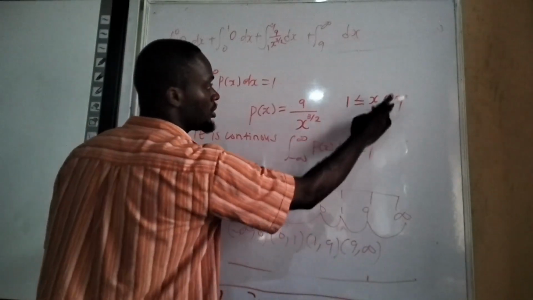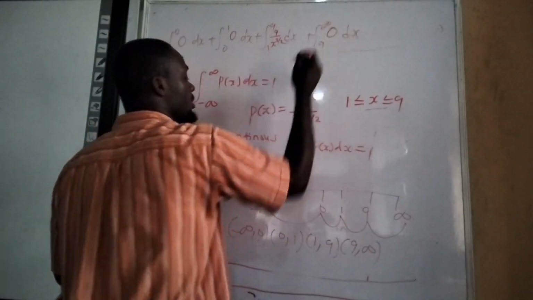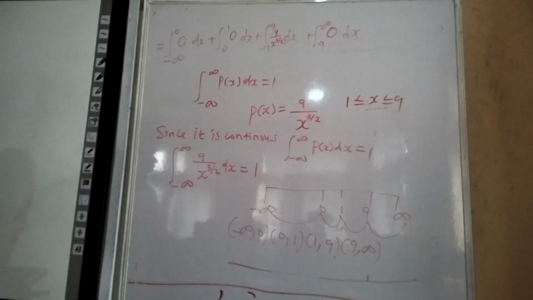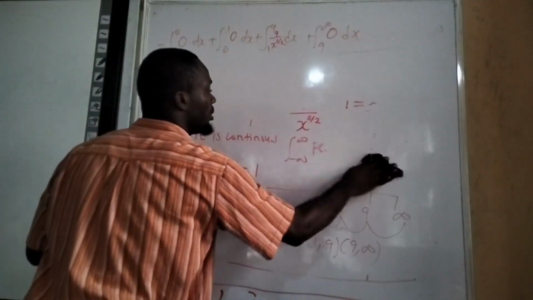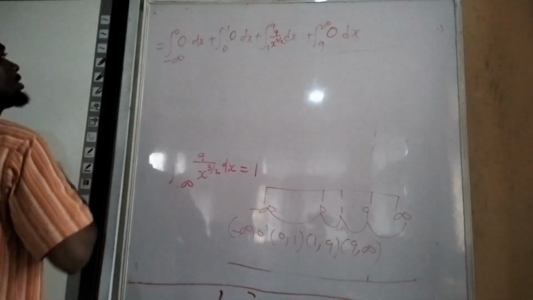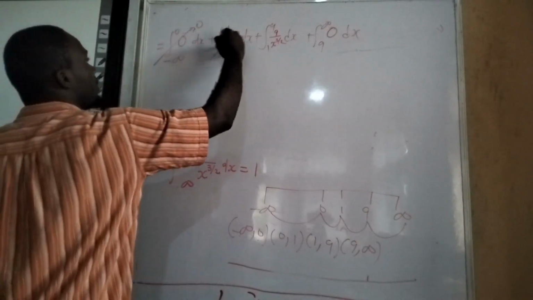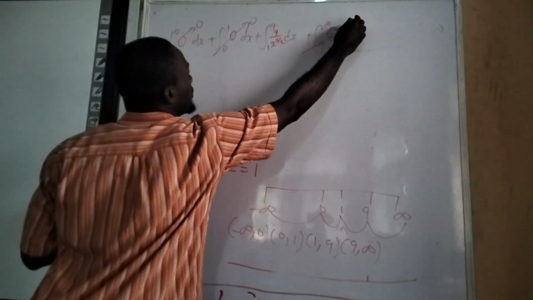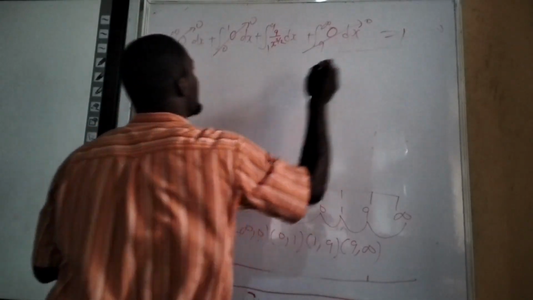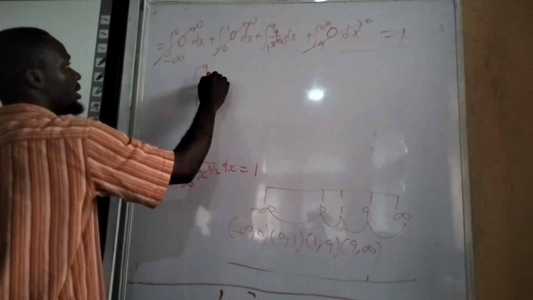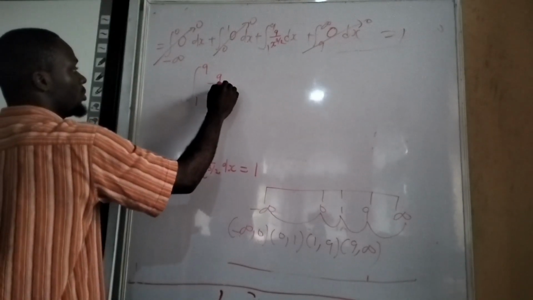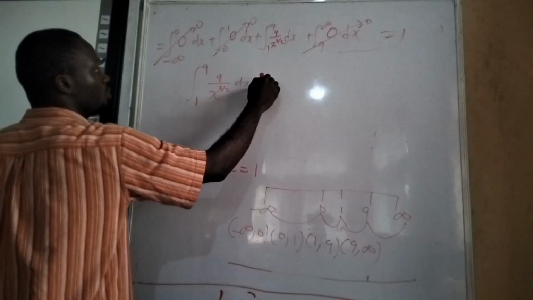Then 9 to infinity doesn't fall here, function is 0. So the others will give all 0, and this will give us this. So we have to integrate only from 1 to 9, a over x cubed over 2 dx, equal to 1.